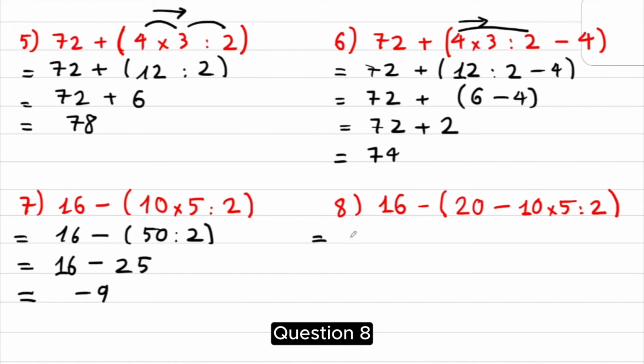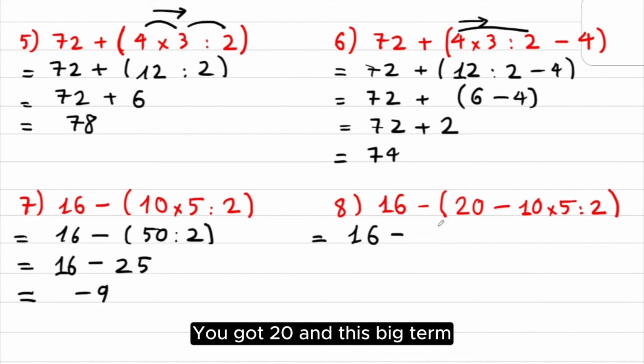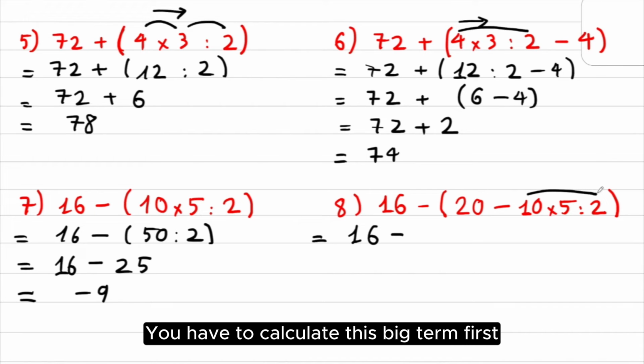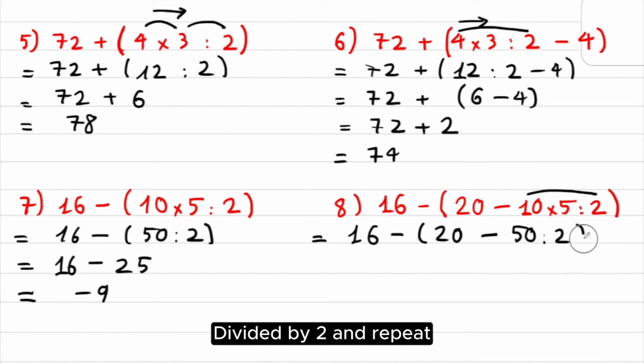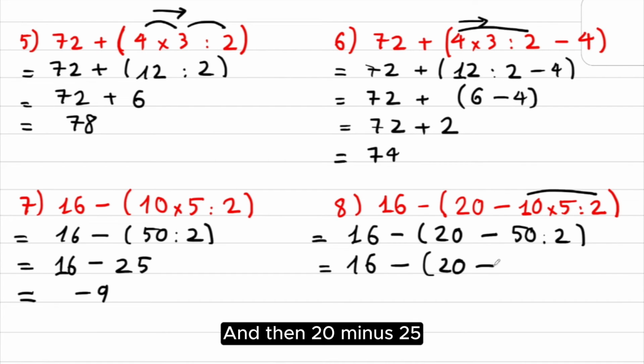Okay, question 8. 16 here minus, you have 20 and this big term. You have to calculate this big term first. It means 10 times 5 divided by 2. So 10 times 5 is 50, divided by 2, and I repeat. And then 20 minus 25. Subtraction and division, so take division first.